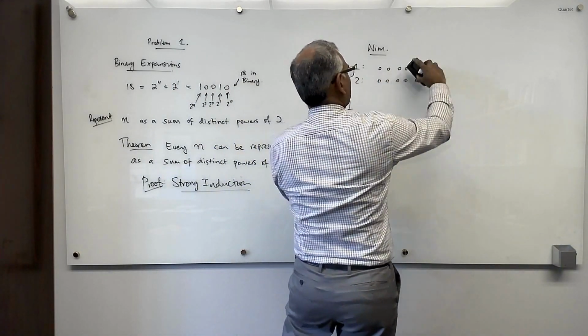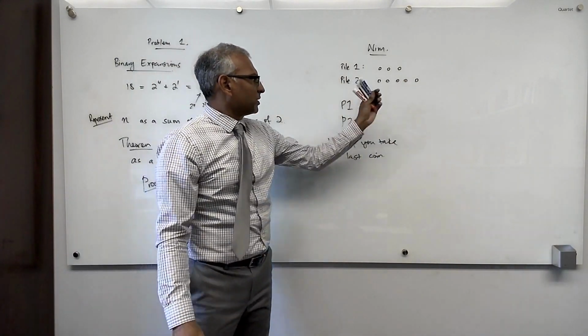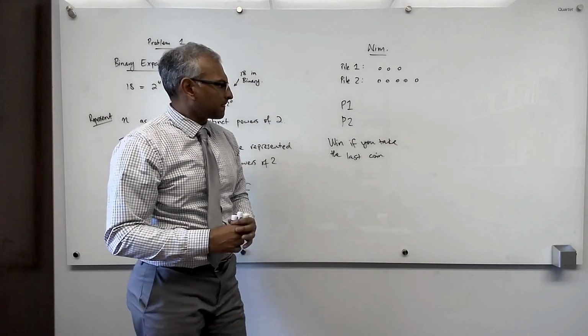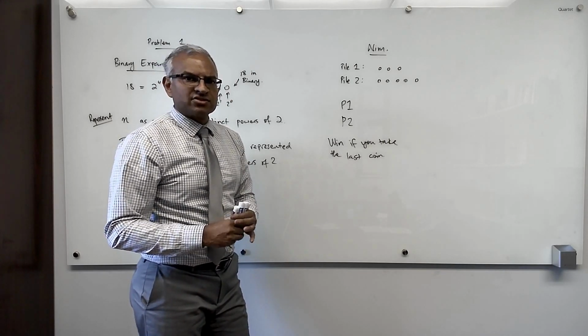Maybe he'll take 2. Now player 1 takes 2, and player 2 has to decide how many coins to take and from which pile. What will she do? There's an interesting strategy called the equalization strategy for player 2.